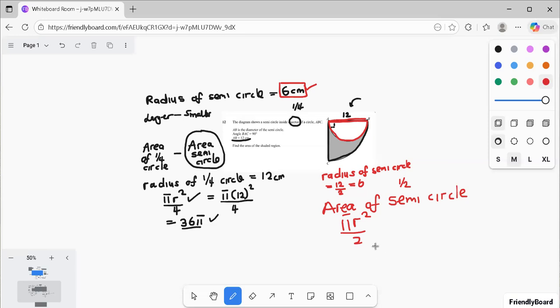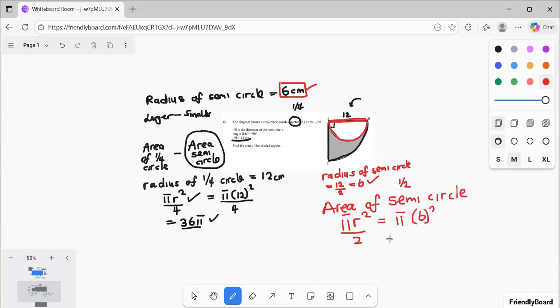So I had to divide this by 2. Now let me input the values into this formula. I will then have pi. I already got my radius. Remember what our radius is? Our radius is 6. So I'll just input the 6 inside. Then this would be squared.